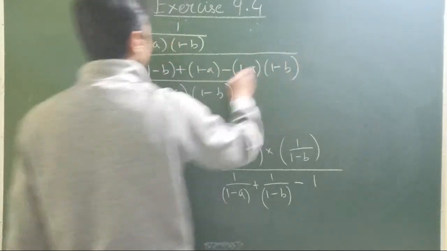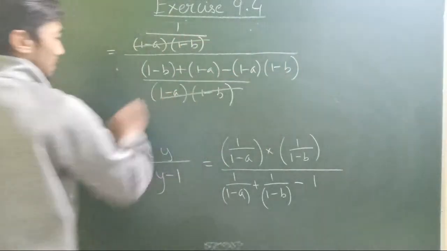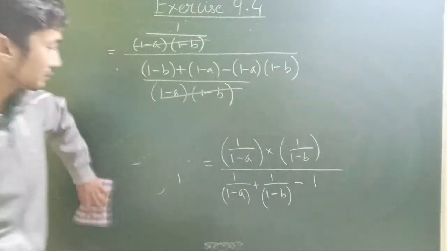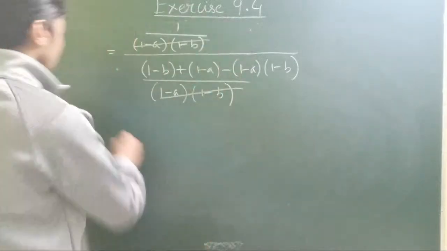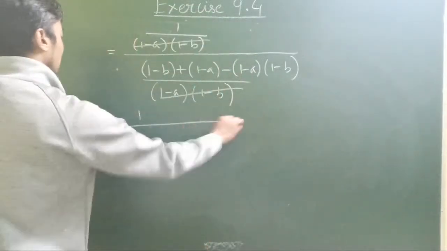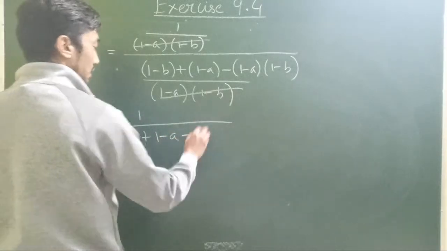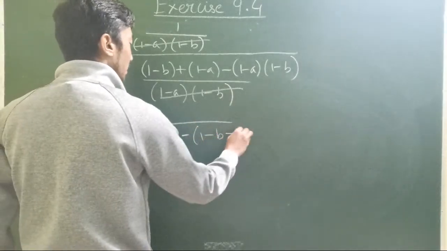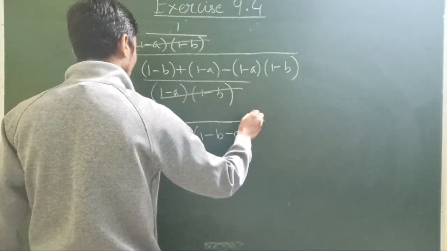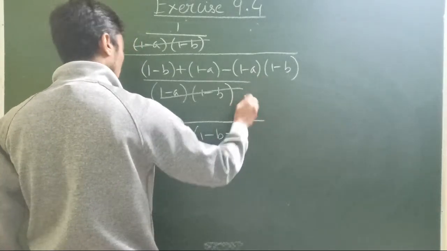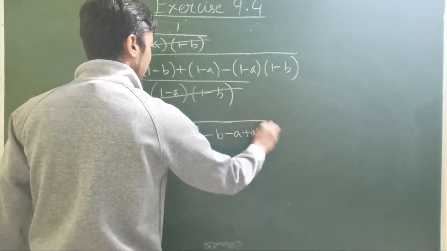Common LCM, and the common denominator gets cancelled. So then we have 1 by 1 minus b plus 1 minus a minus 1 minus b minus a plus ab.